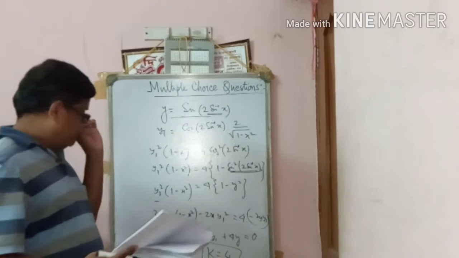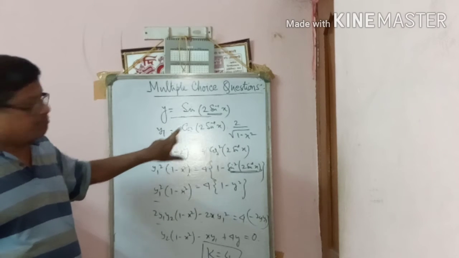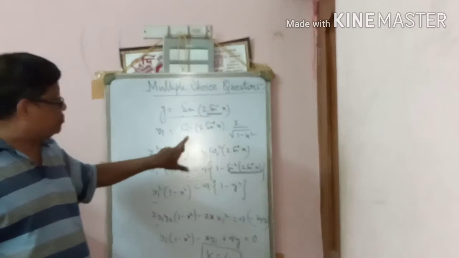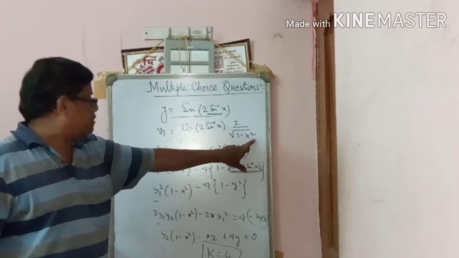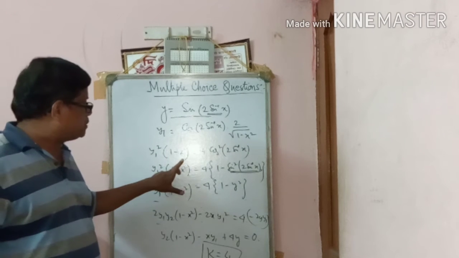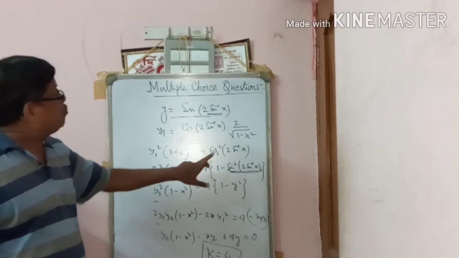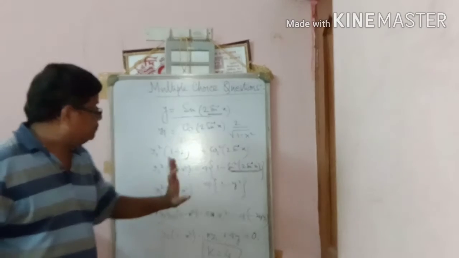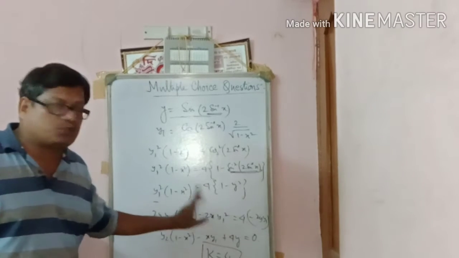Here first find y1, which is cos of 2 sin inverse x, d dx of 2 root 1 minus x square. Again squaring both sides, y1 square into 1 minus x square equals 4 cos square of 2 sin inverse x. Cos square can be 1 minus sin square, that is 4 into 1 minus y square. Again differentiate with respect to x.